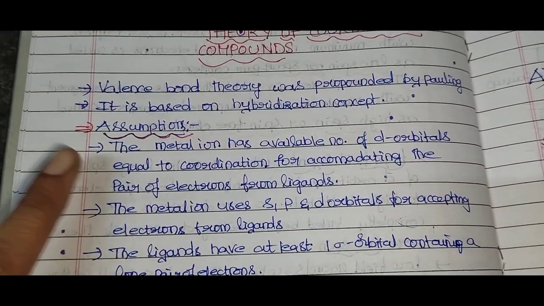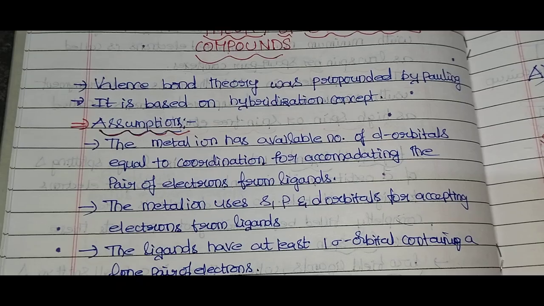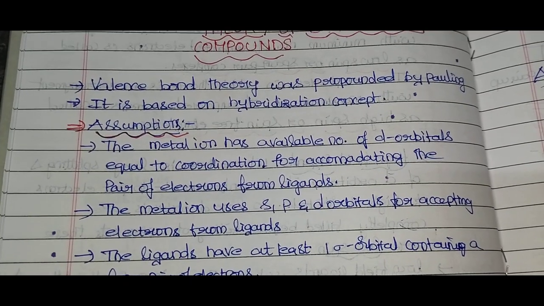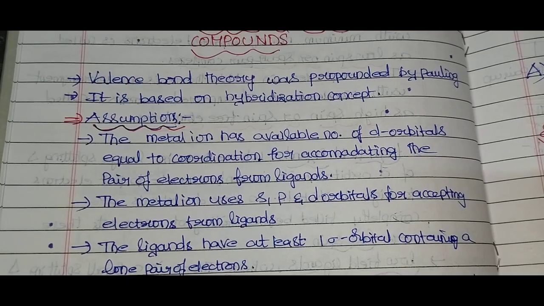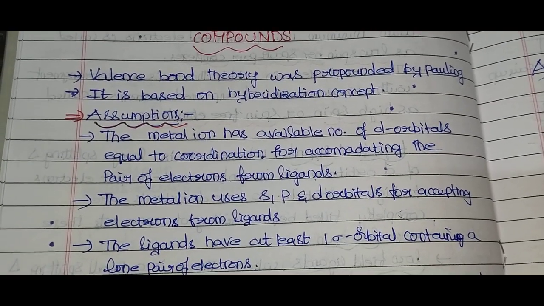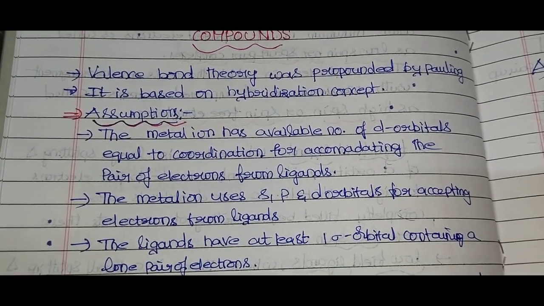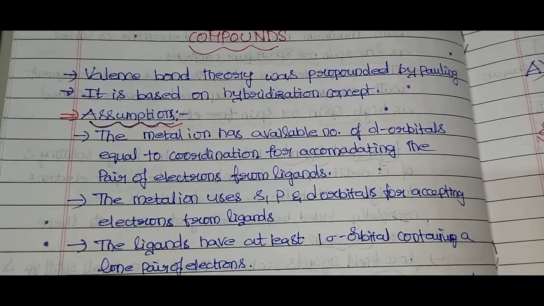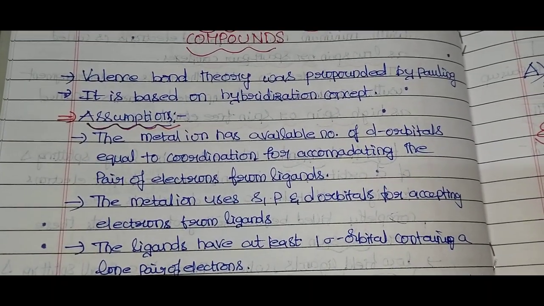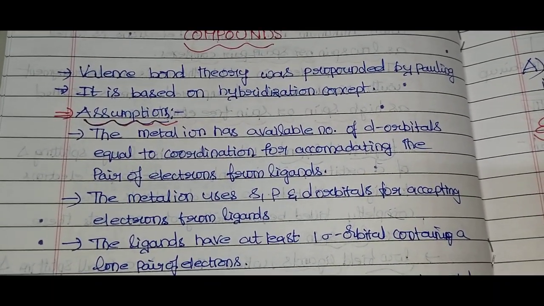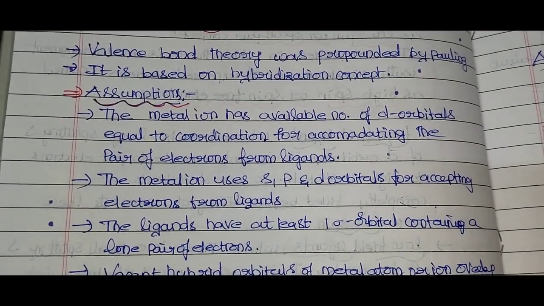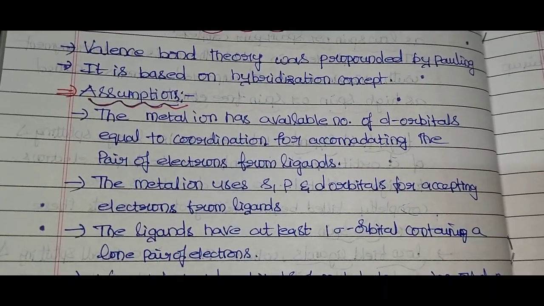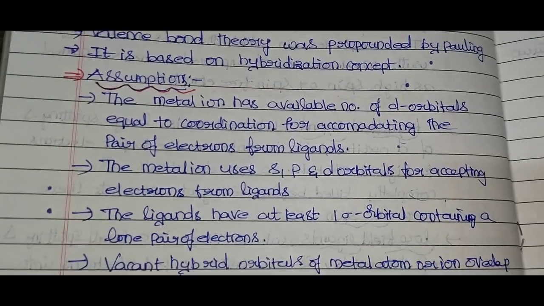The metal ion will have available d orbitals, equal in number to the coordination number, for accommodating the pair of electrons from ligands. To accept them, vacant d orbitals will be present.